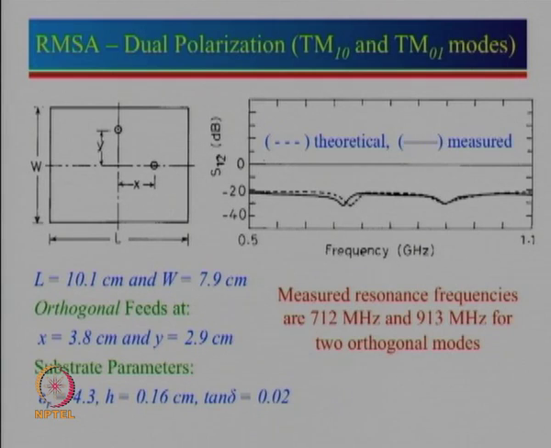So, let us just take another case. We can actually realize a dual polarization. This is now fundamental mode 1,0 and 0,1 mode here. So, here a case we have taken which is a rectangular patch. So, this is length L which is 10.1 centimeter, W which is about 7.9 centimeter. So, what we are trying to show here is that if we have a feed point over here which is x.